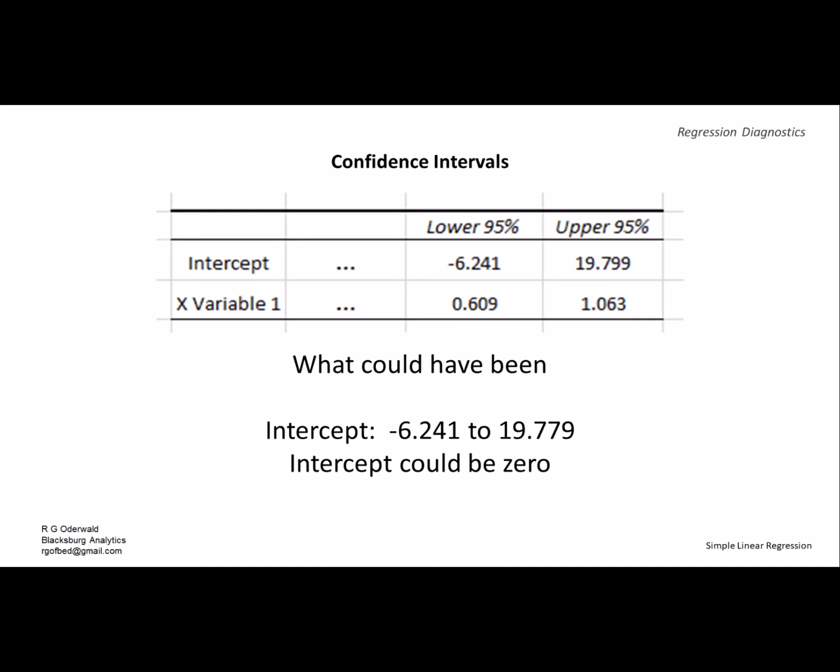This range includes 0. The line could have gone through the origin. The what could have been for the slope ranges from 0.609 to 1.063. This does not include 0, so we can say that the line could not be flat.